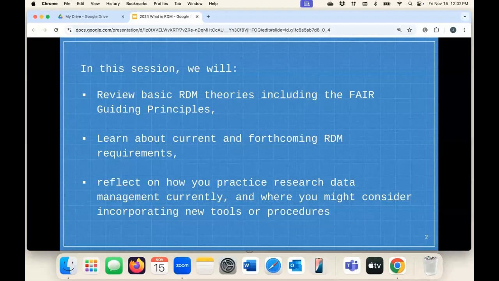So sometimes when I say that, people think that they don't do research data management. But really, if you've ever named a file and put it somewhere on your computer, that's part of what this is all about. So we're really talking about keeping control of your documentation in connection to research and other places in your life, thinking about storage, sharing, and access considerations.